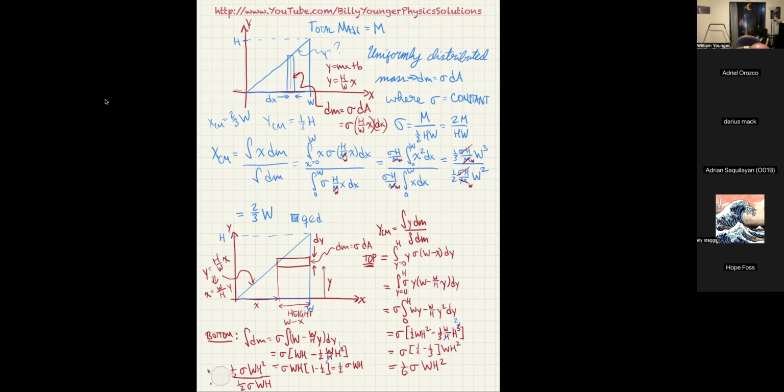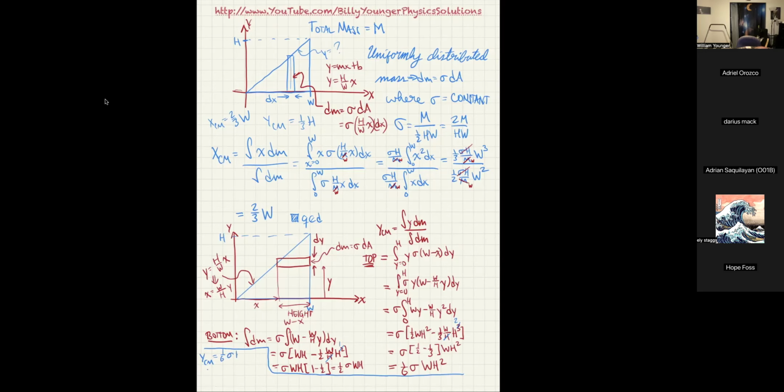Let's just write that a little neater so it separates from this other fraction a little bit.